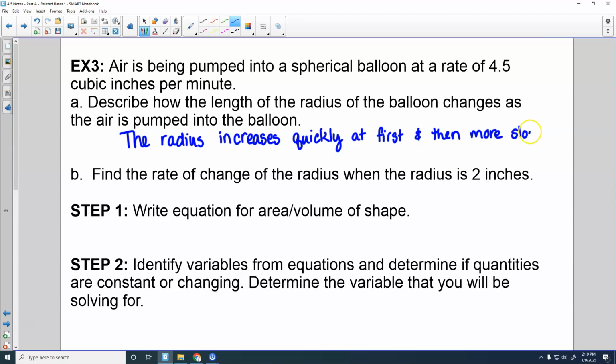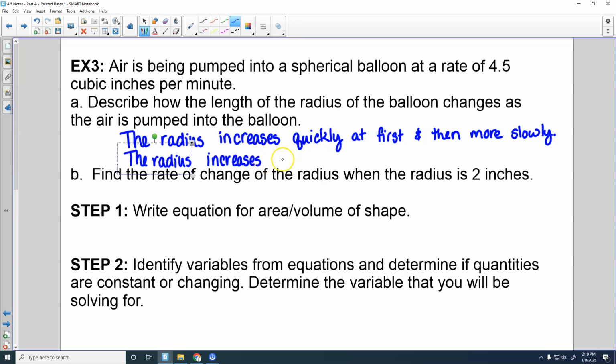Let's say that in a little bit more mathematical way. First of all, the radius is increasing the whole time, right? So we could say the radius increases. And it's fast at first and then more slowly. So the rate of change of the radius, is it increasing or decreasing? Decreasing.